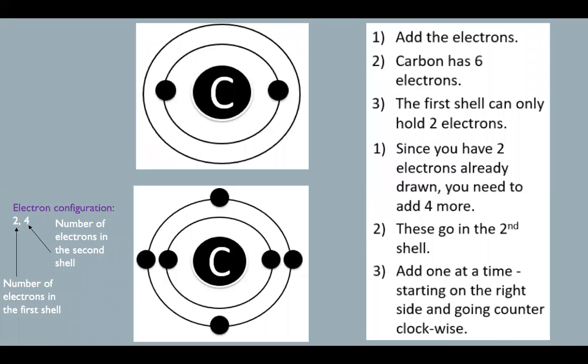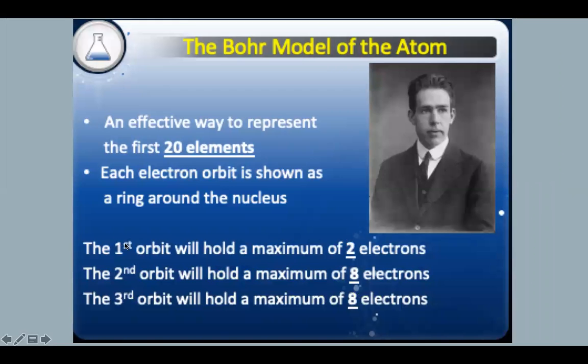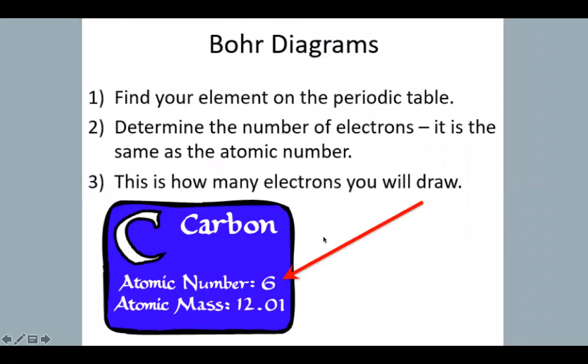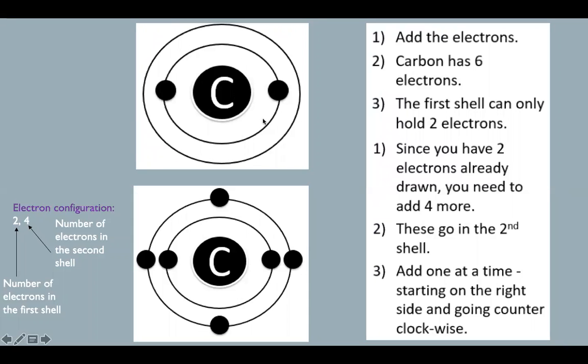Now, after that, according to Bohr, he said in the previous slide that the first orbit or the first circle around the atom will hold 2 electrons, and the second will hold 8. So let's go back. It means in the first one, this one after carbon, it can have 2.